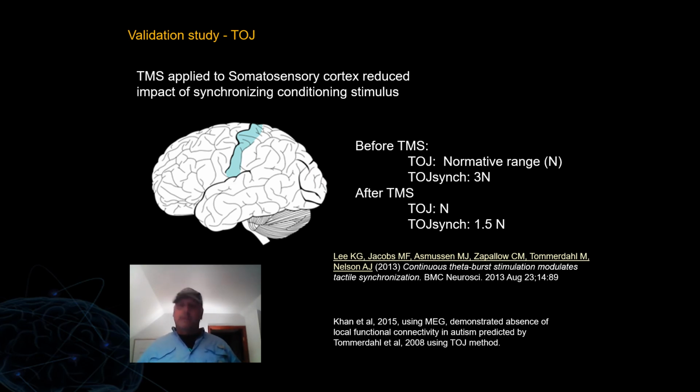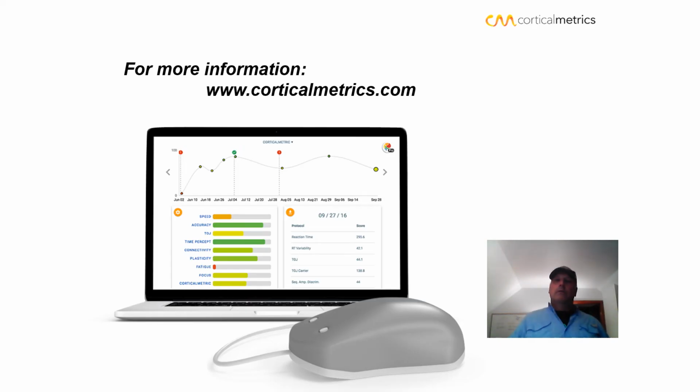We blocked the synchronization effect, and TOJ was much better. If you want to read about this, there are a lot of papers on it, going back to 2007. And that's all.